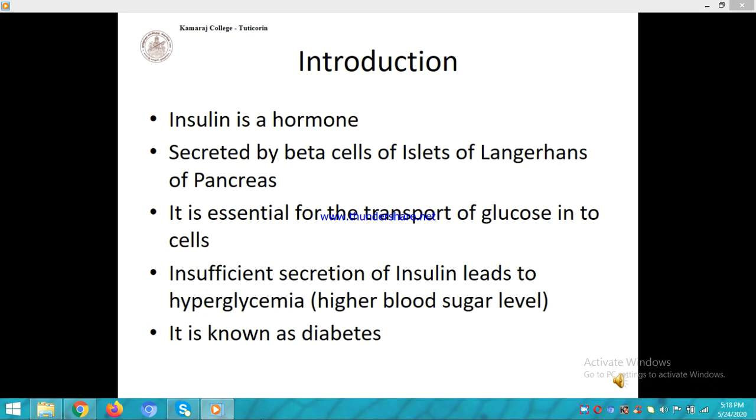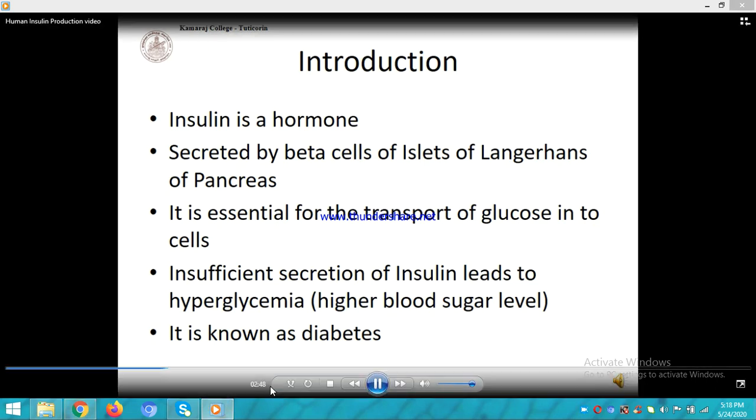If you see the structure of insulin, as I told earlier, insulin is a proteinaceous hormone, which means it is made up of protein. Insulin contains two chains: one is the insulin A chain, and the other is the insulin B chain.